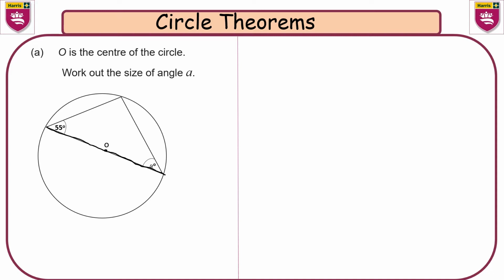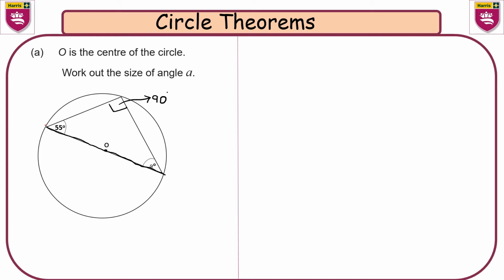And I can use two things. I can say angle at the center is double the angle at the circumference, therefore this is going to be 90 degrees. Or I can also say an angle in a semicircle will give us 90 degrees, therefore this section must be 90 degrees.